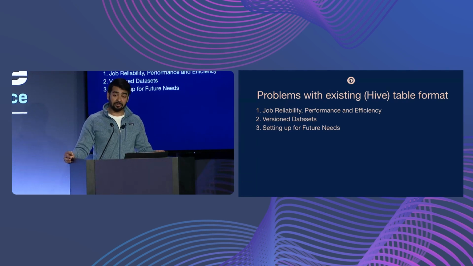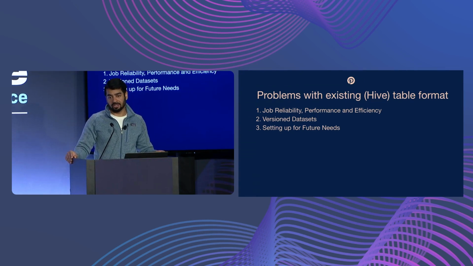And that would mean any concurrent reads or writes happening would get affected. So for us, providing a consistent view of data was getting more and more important as we were seeing that backfills were getting more expensive and more troublesome. And that is where we really have to be reliable so that we can get out of incidents very quickly. The third dimension was essentially around setting up for our future needs.